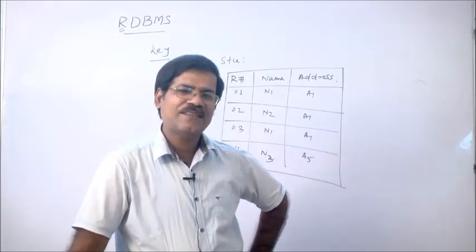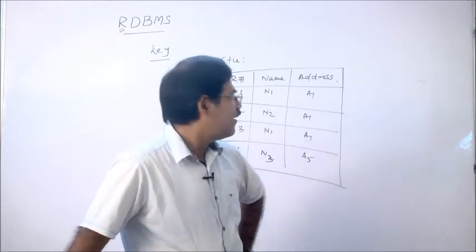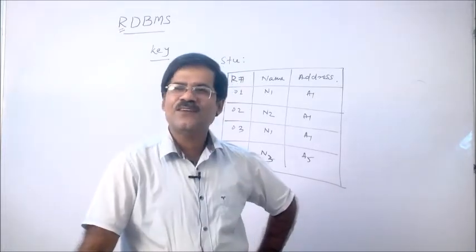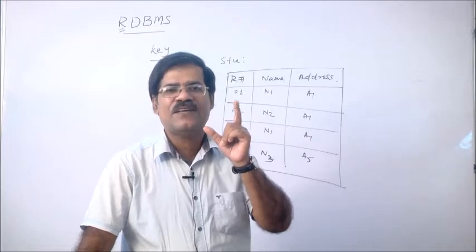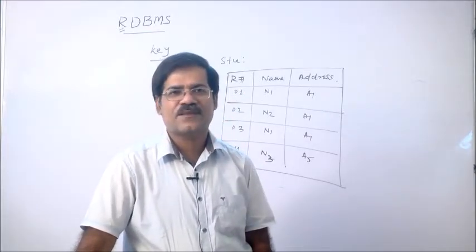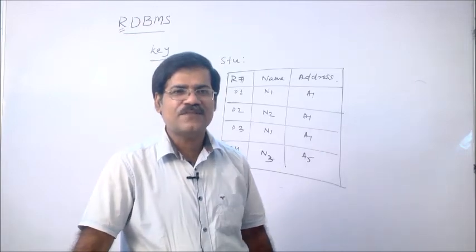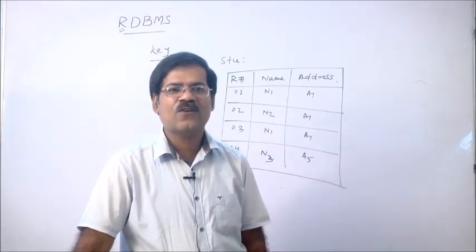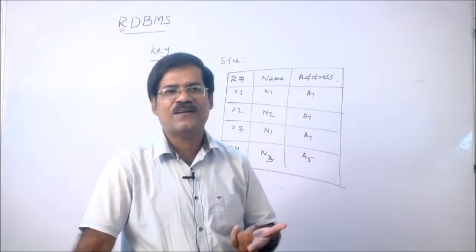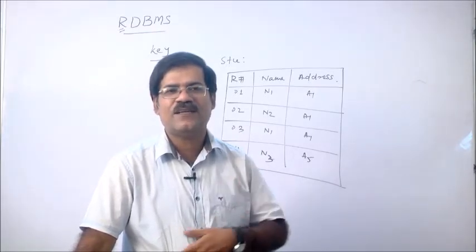That means by using the roll number only a single record will be fetched from the table. Suppose I say select star from student where roll number is equal to 1. How many records will be fetched? Only one record, because roll number 1 is only one record.